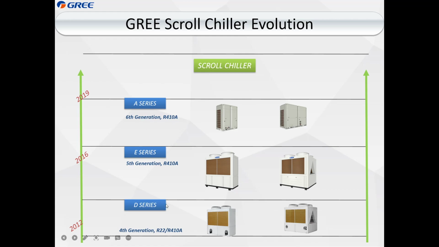D series was developed in 2012, in 2016 we developed E series, and in 2019 we developed A series. D and E series are fixed frequency, and A series is inverter. The refrigerant is R32.